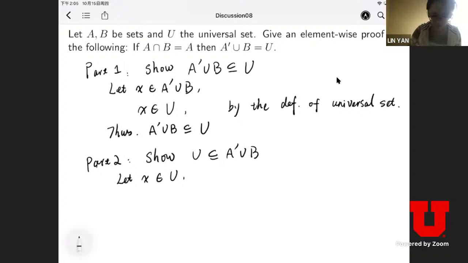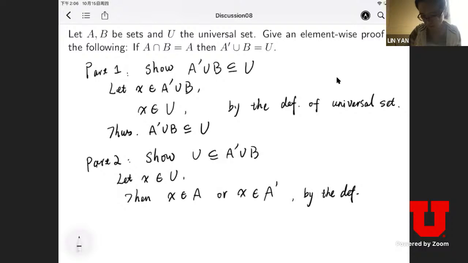Because X is an element from the universal set, X is an element of A, or X is an element of A complement. This is by the definition of complement.